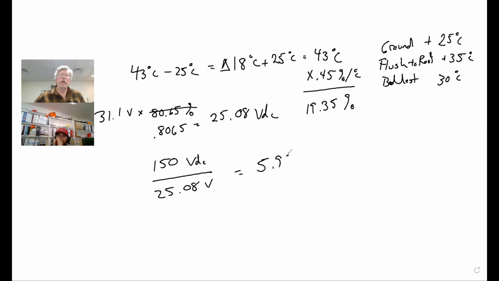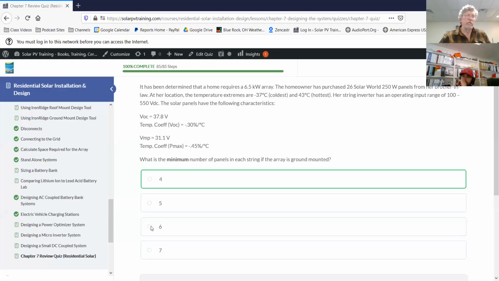So I need 5.98 panels minimum. So I'll round up to 6. So that's the minimum number of panels I will need on the hottest day ever at that site in order for the inverter even to turn on. So the answer is going to be 6.